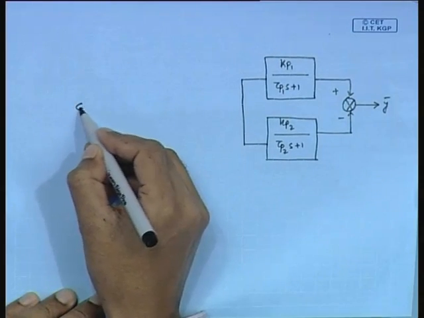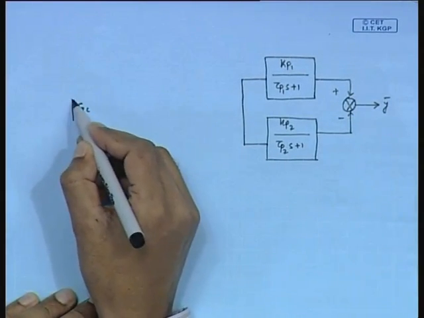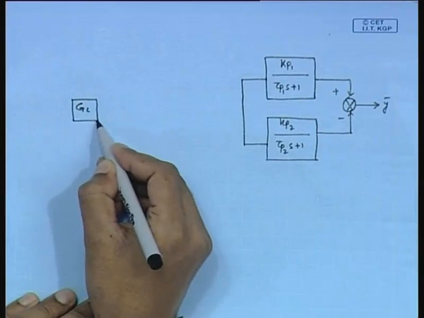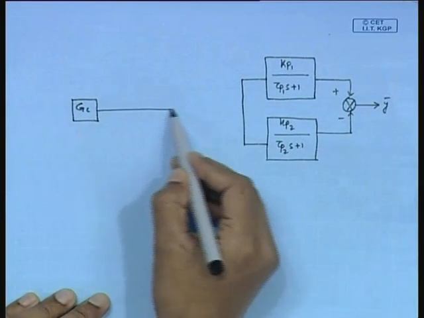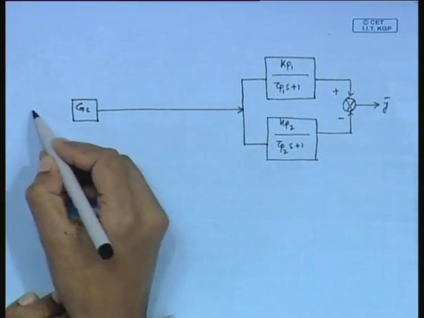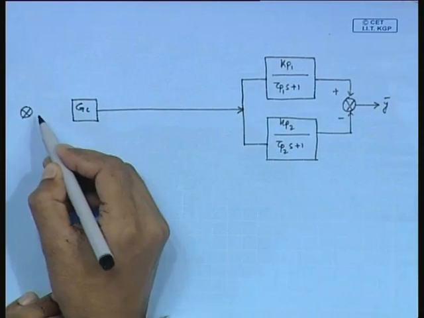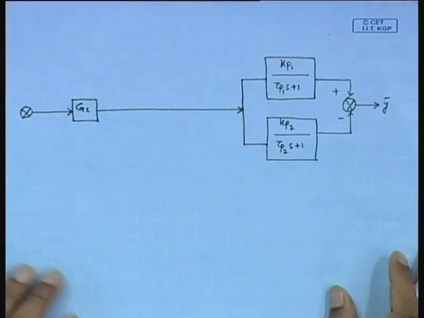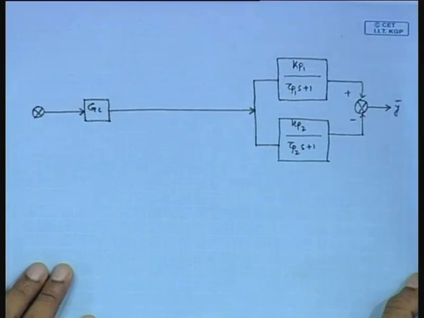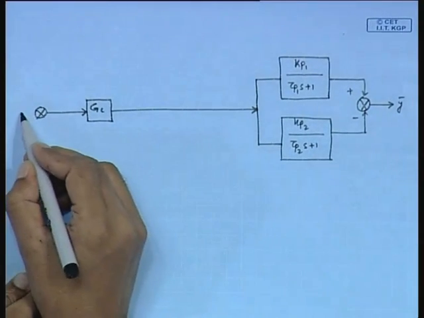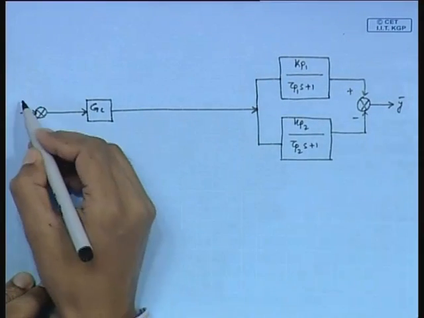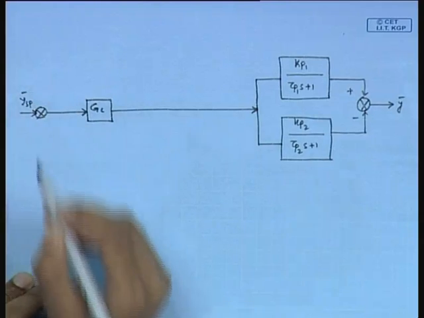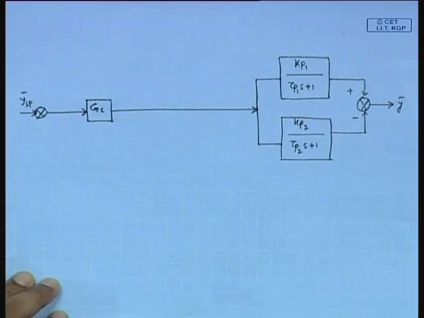This is the controller Gc. This is set point y.